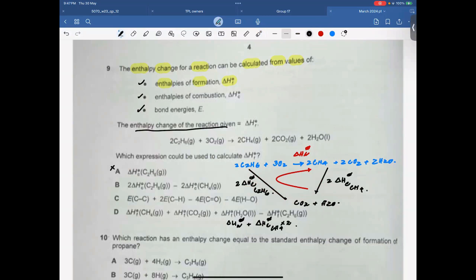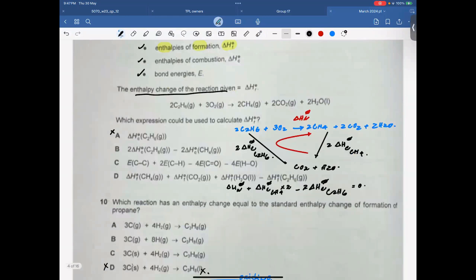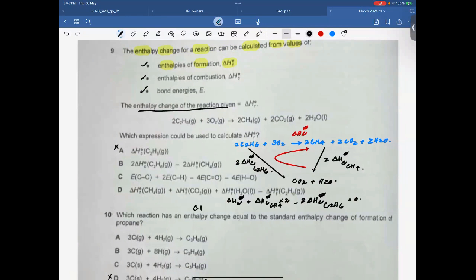So this is my 2 delta HC of C2H6. All right. In order to find this, what we can do is delta HR equals to 2 moles of delta H5C of methane.